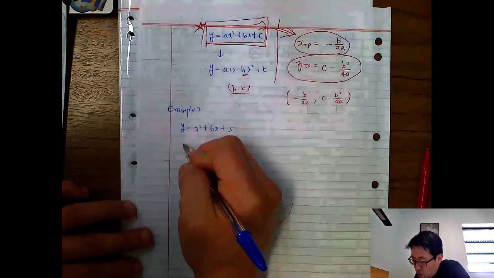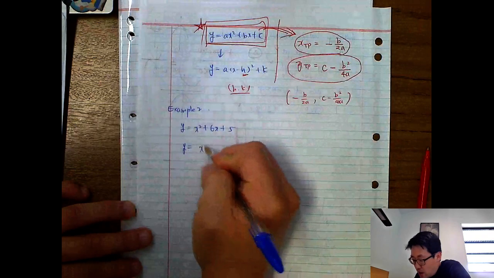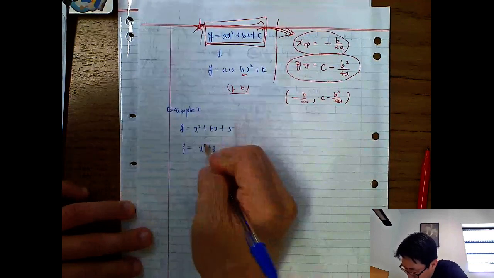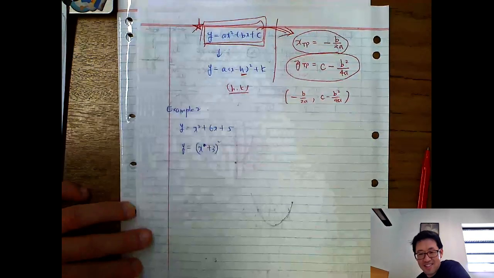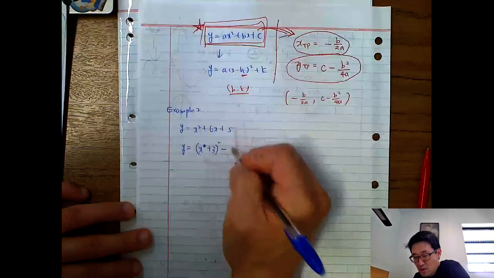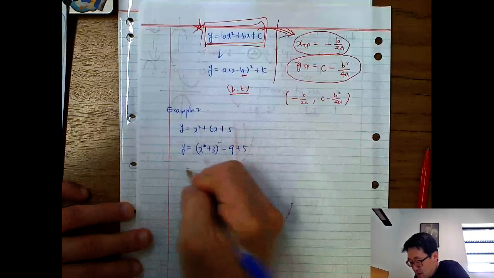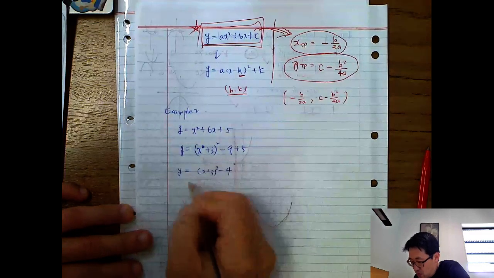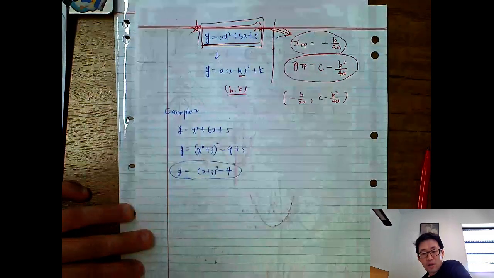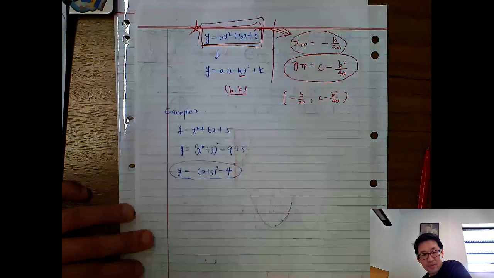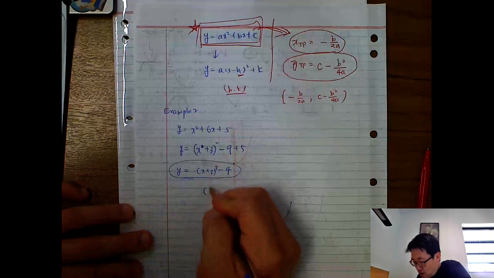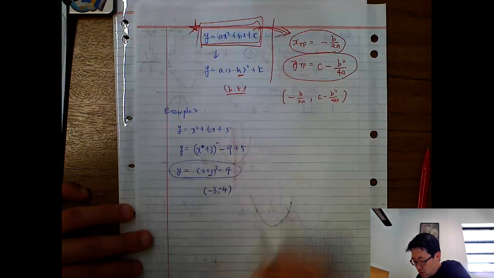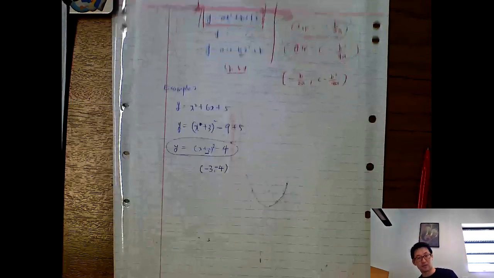In this case, y equals x squared plus 6x, half of 6 is 3, so (x plus 3) squared, minus 3 squared, 9, plus 5, equals (x plus 3) squared minus 4. So I got the turning point form, okay, vertex form. And then the turning point is minus 3 and minus 4, isn't it?